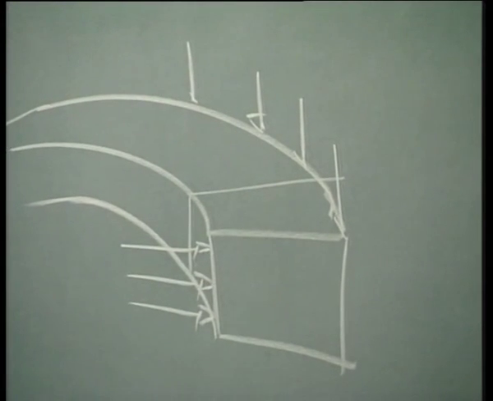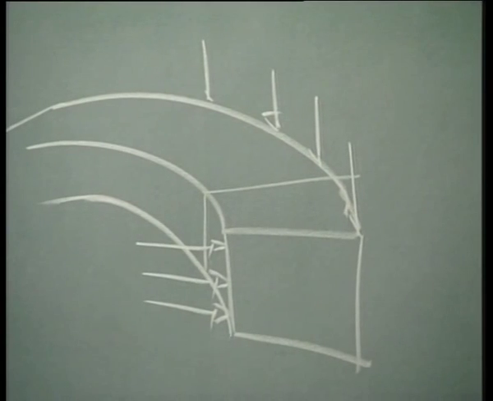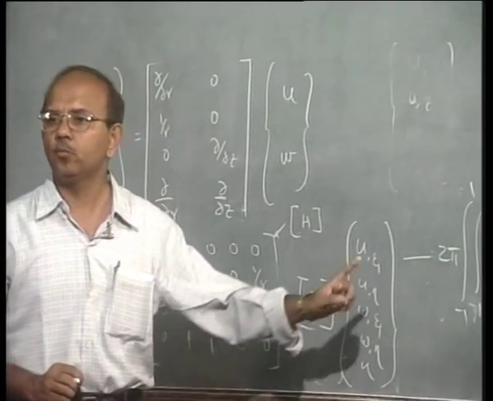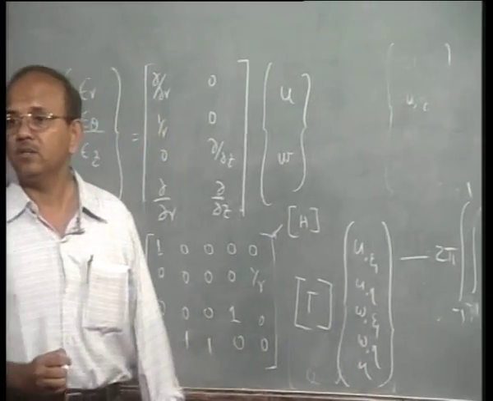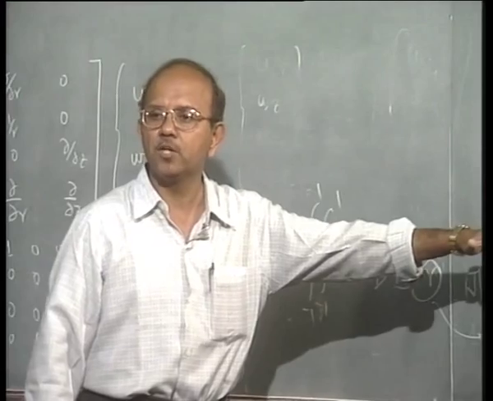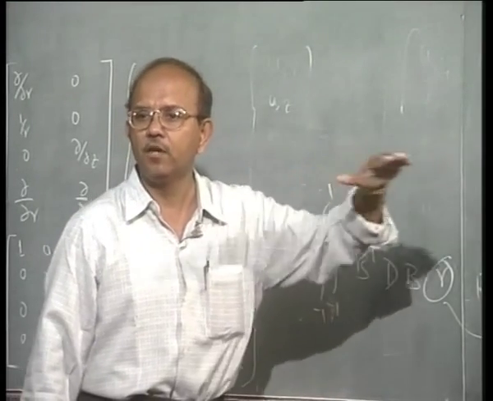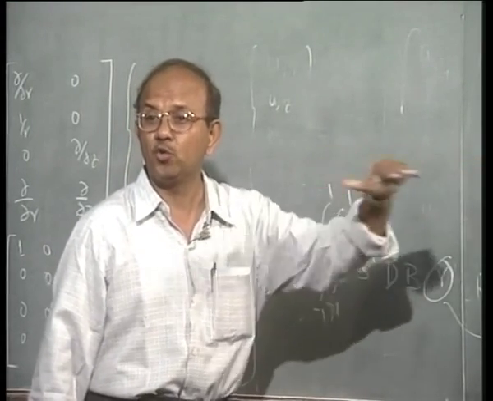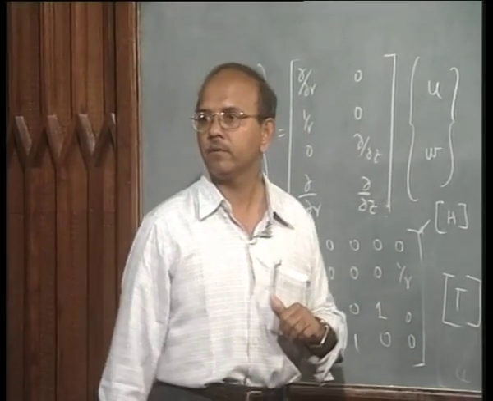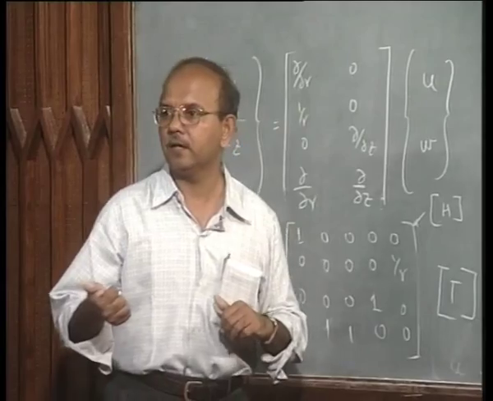Is that clear? So what does that mean? It means that this 2 pi term which we have here is common to the stiffness matrix and to all the force terms, because we are going to integrate the force throughout 0 to 2 pi. Is it clear?